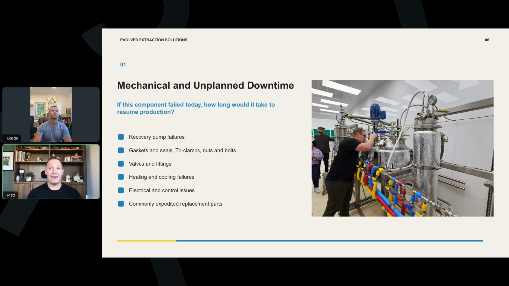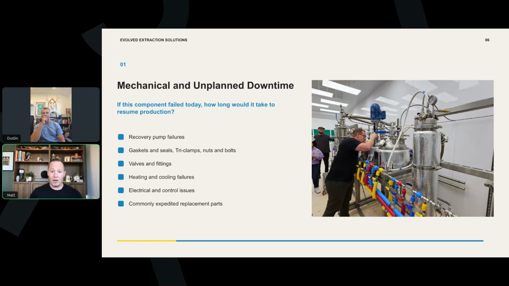The way we look at it, and this is from a client we work with very closely: once you've been bitten by the downtime issue, you really start to go down that rabbit hole and understand, look, I'm going to have to buy these parts eventually anyway. It's much more valuable to have this part on my shelf ready to use when I need it, as opposed to scrambling to get it completely unplanned. So it's a balance, right? You can't have every single part stacked on your shelf, but you also need to have some parts.